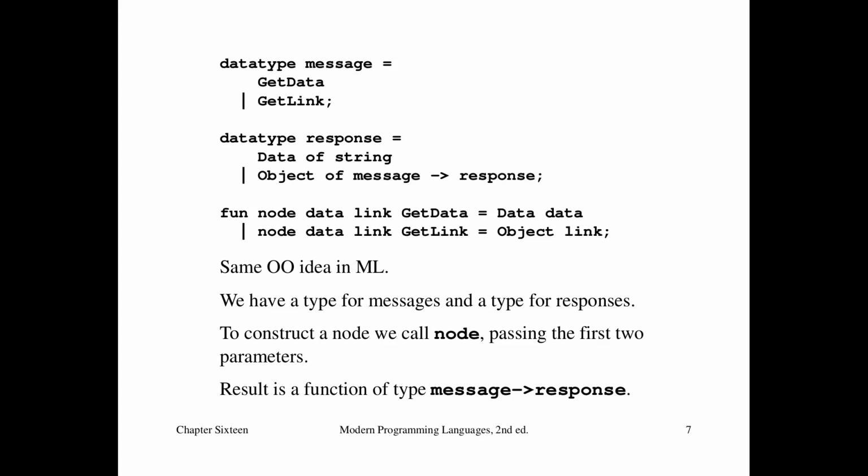And essentially, right, this would do everything we want. It always results in a function type. The result is a function of type message to response. And essentially, it's going to construct a more object-oriented way of thinking about ML.